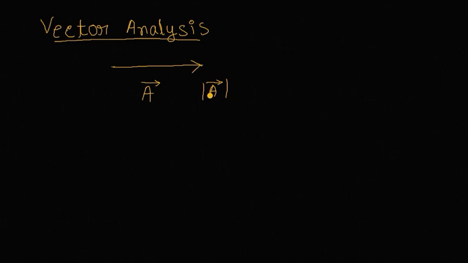Now if we change the direction of this A vector, it will be represented graphically by a vector of the same magnitude but in the opposite direction, and it is represented by the notation minus A vector.